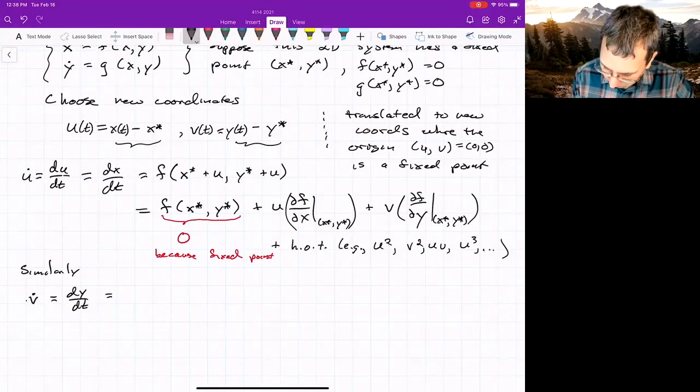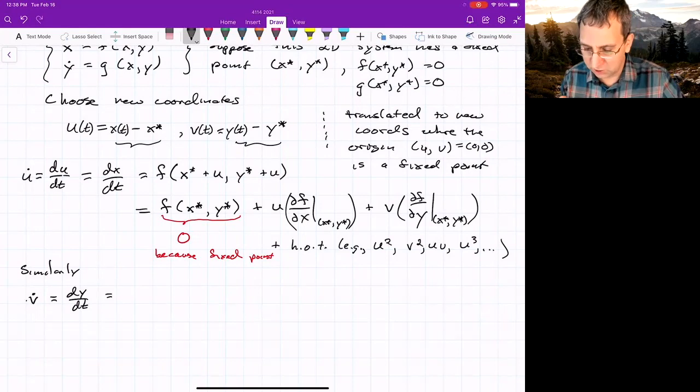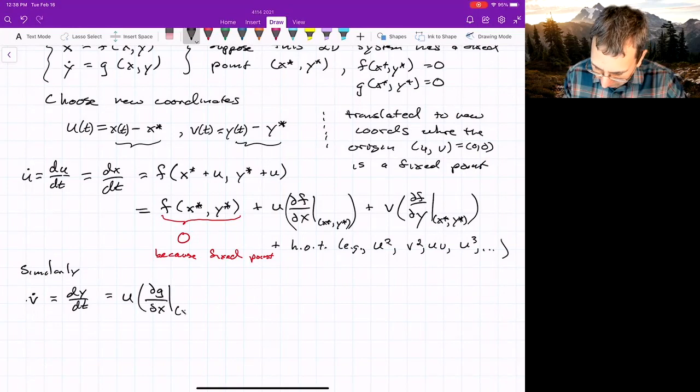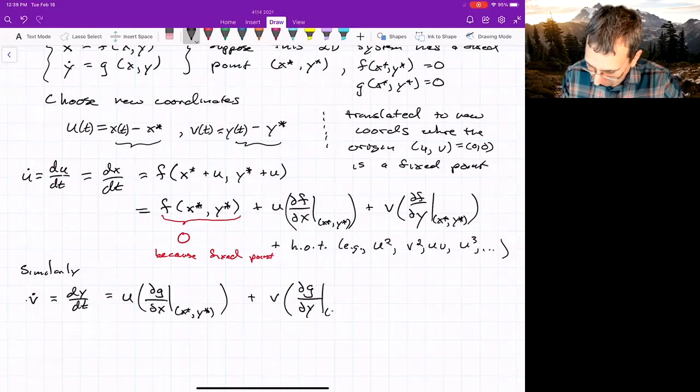So I'll just jump to doing the Taylor series expansion and then substituting in, because of the fixed point, that g x star y star equals 0. So what are we left with? We're left with u partial g partial x evaluated at the fixed point plus v partial g partial y evaluated at the fixed point plus higher order terms.